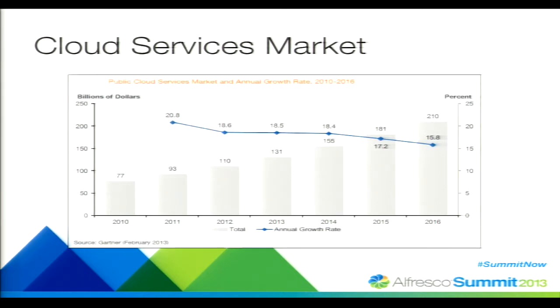If we take a look at this chart, this is a Gartner review that was published in February of the year. The forecast for 2016 is that we have 3 times better market in the cloud services than what we have in 2010, okay? So it's clear that this is going to be a trend and a good market, okay?